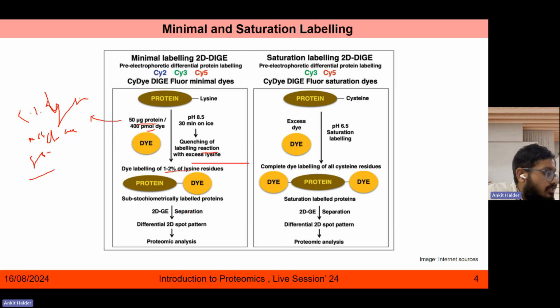These are excess dye being used for getting your protein labeled, right? So we attach to the cysteine residues, not the lysine ones, and we are providing excess dye.